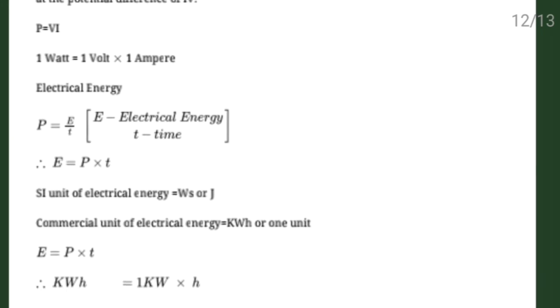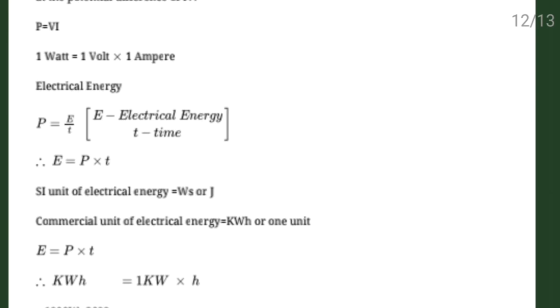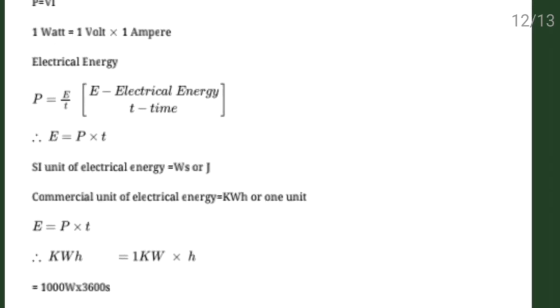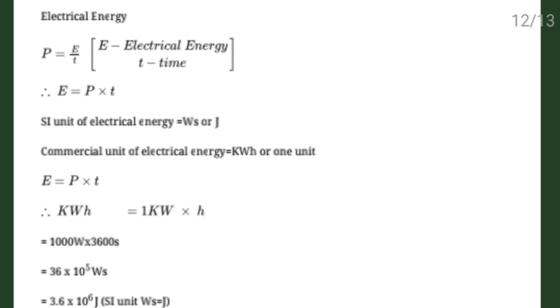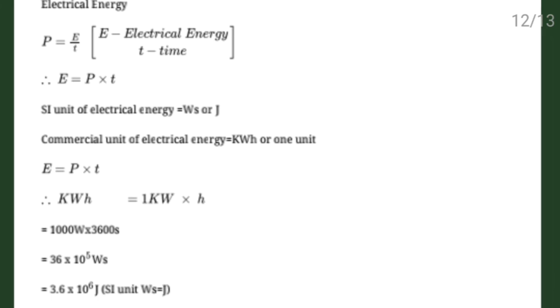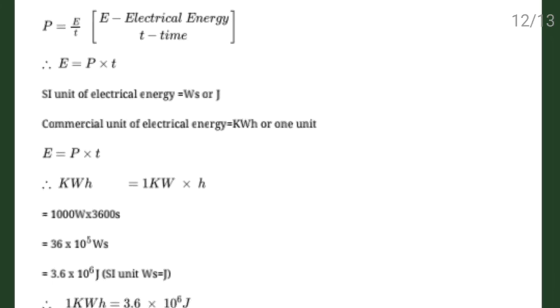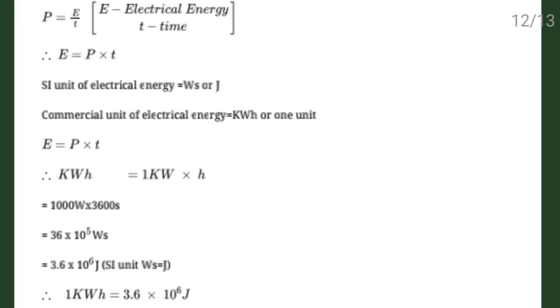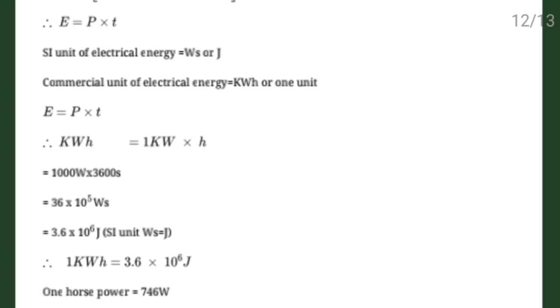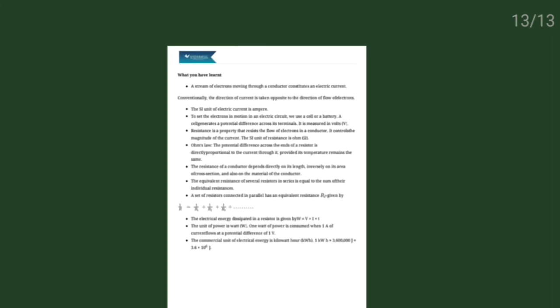Therefore, 1 kilowatt hour is 1 kilowatt into 1 hour, that is 36 into 10 raised to 5 watt second, which is equal to 3.6 into 10 raised to 6 joule. Okay, therefore 1 kilowatt hour is 3.6 into 10 raised to 6 joule. 1 horsepower is equal to 746 watt.